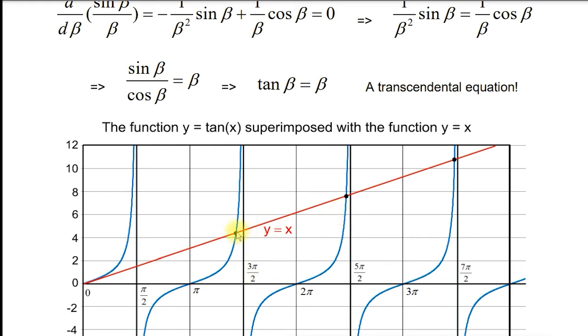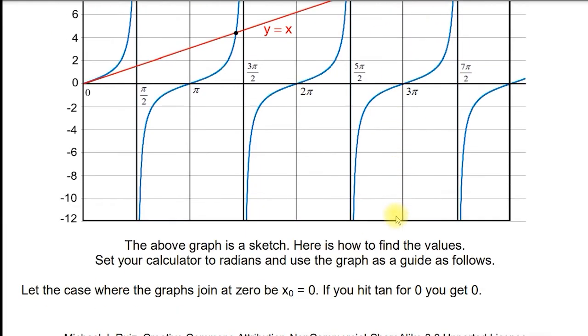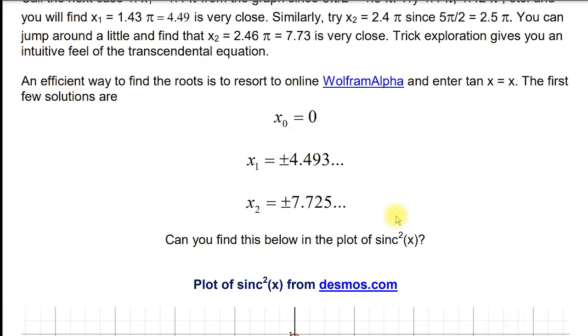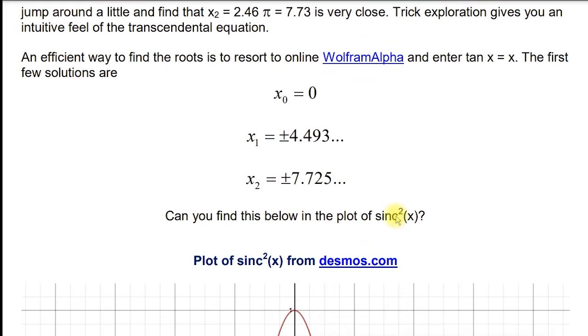So if we give you this, you might want to work a couple out where you just slide this baby, pretend it's 3 halves pi, like it's right there, and then work it out. See, this would be like 5 halves pi, and this would be 7 halves pi. Look, they're very, very close. Okay, so that looks good, and this is transcendental stuff.